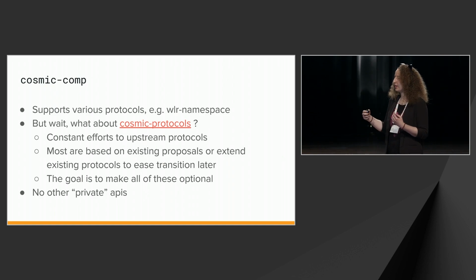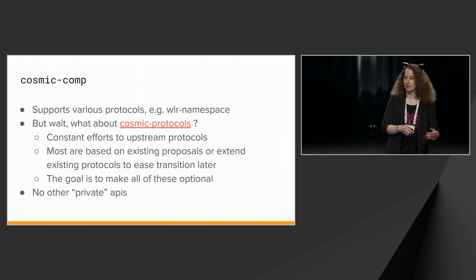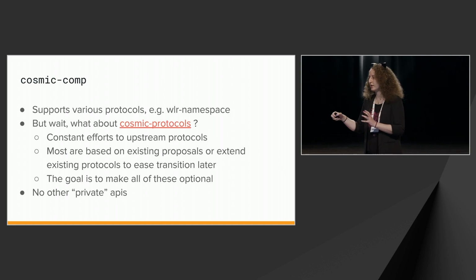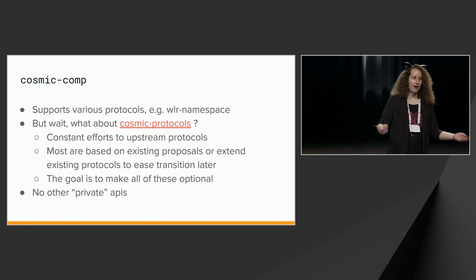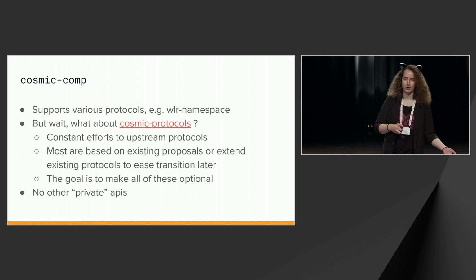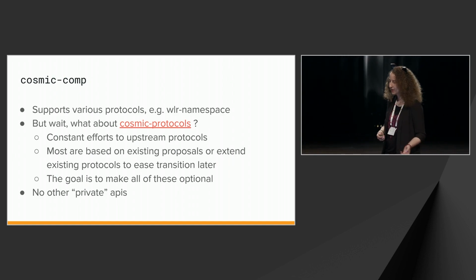So in the end, the goal really is to have no private APIs, no completely unstable protocols that nobody can really depend on, no hidden dbus interfaces that you need to look into the source code to understand how they actually work, but just have everything readily available for people that want to implement new components for Cosmic or just want to swap some components out.